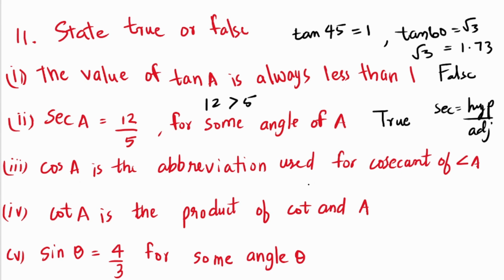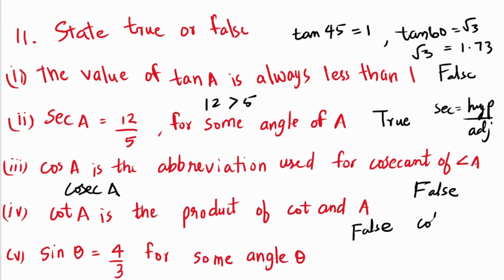Cos A is the abbreviation used for cosecant of A. This is false. Cos A is not the abbreviation; cosec A is the abbreviation of cosecant A. Okay. And cot A is a product of cot and A. Again, this is also false. It is just a single entity.